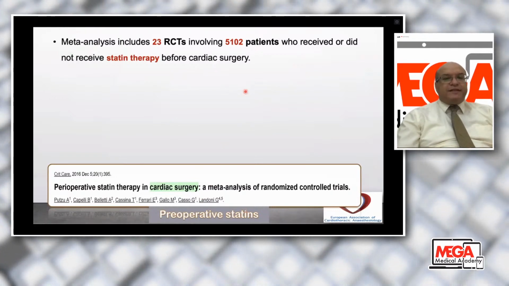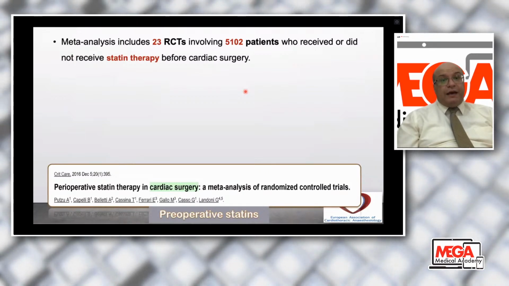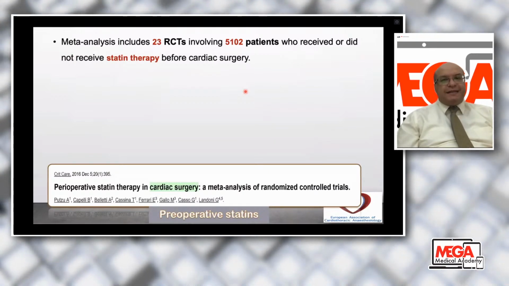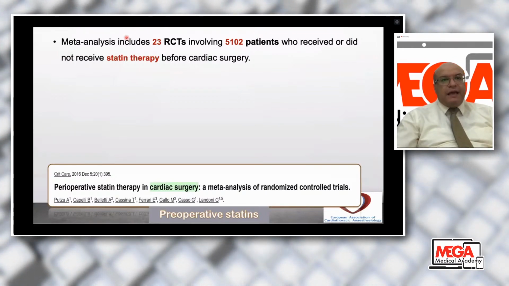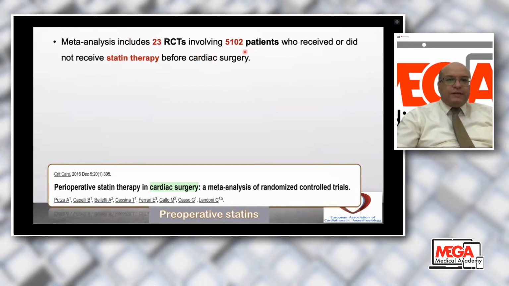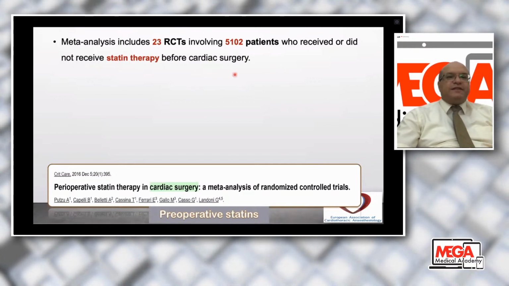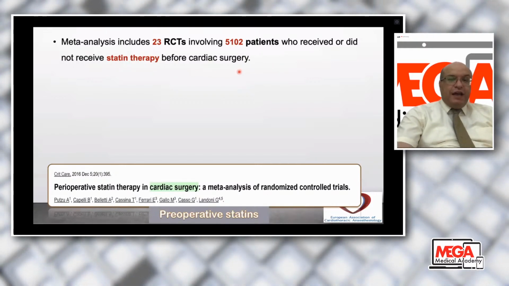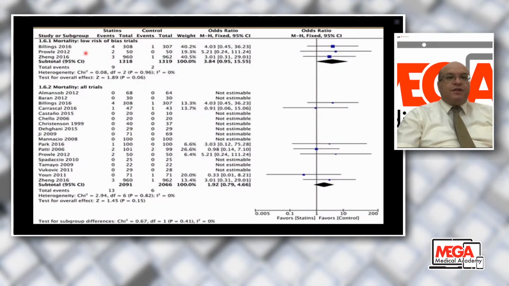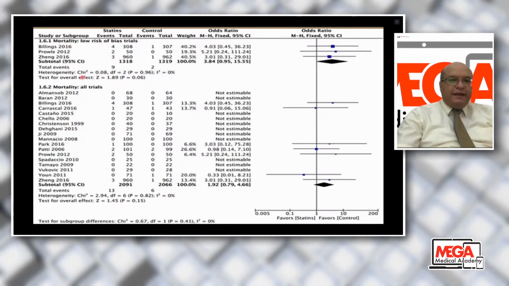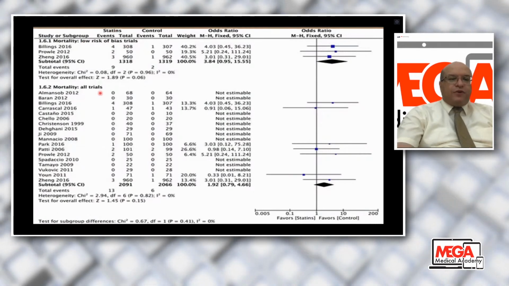Regarding preoperative statins, if you remember, this is in the guidelines, which include routine use of statin therapy. There is no difference in terms of mortality for low risk of bias trials or even for all trials.